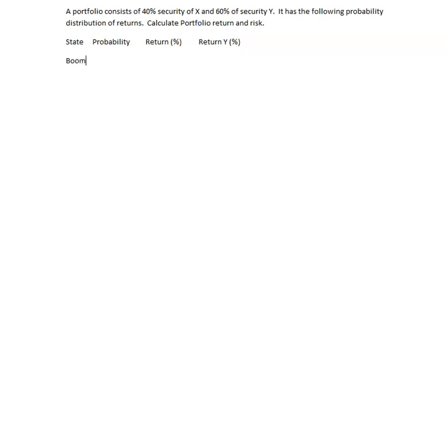One is boom, which has a probability of 0.1, and returns of X are 14, and return of Y is 20. Then after boom we have recession, and here the probability is 0.2, and the returns are -5 and -2.